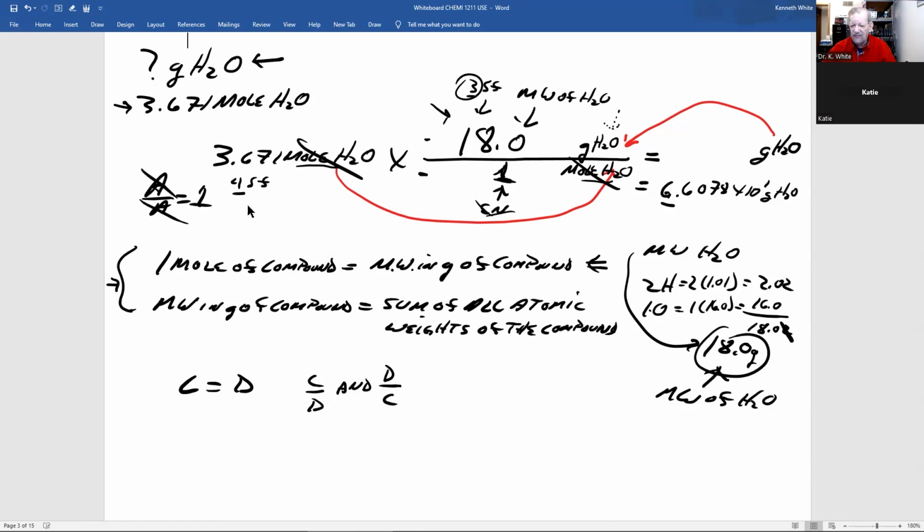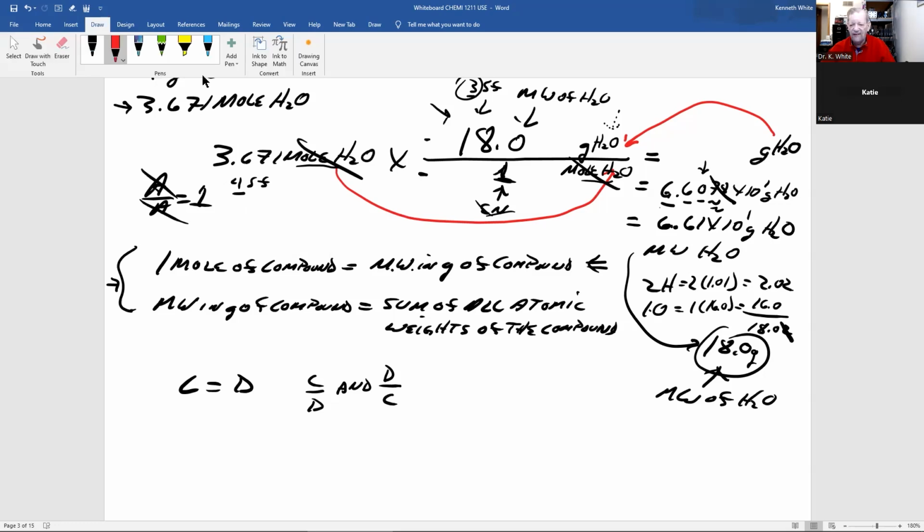So I round this off to 3, keep the 6, keep the 6, keep the 0, use the 7 to round off. That's 5 or higher, drop that, increase this by 1. And that's my answer right here.